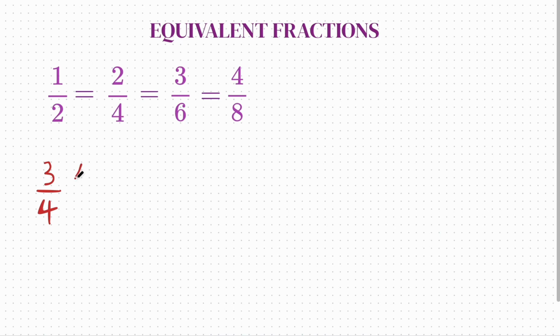Let's start with 2. 3 times 2, that is 6. And 4 times 2, that would be 8. We're going to go again because we were asked to find 3 equivalent fractions. So let's multiply by 3 this time.